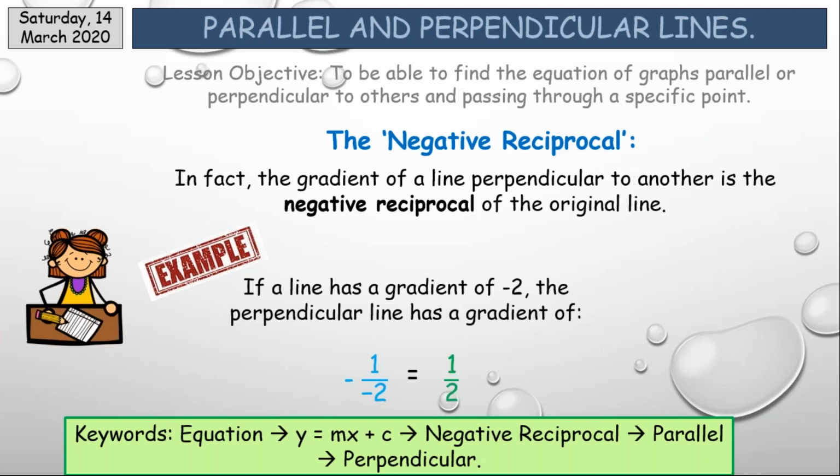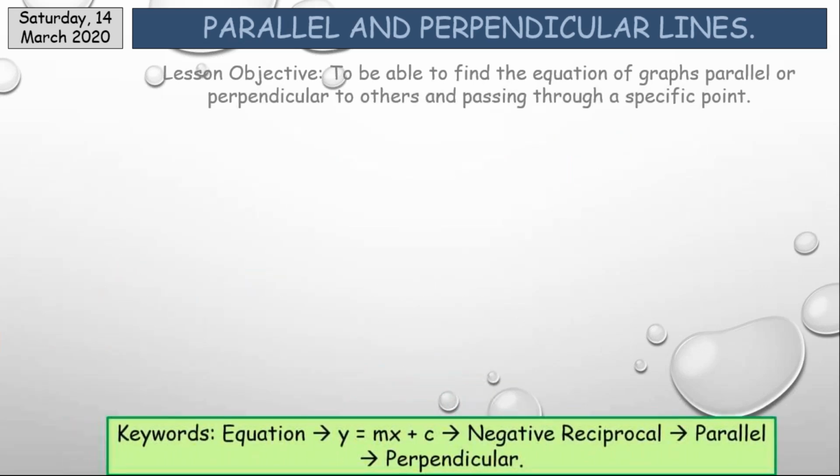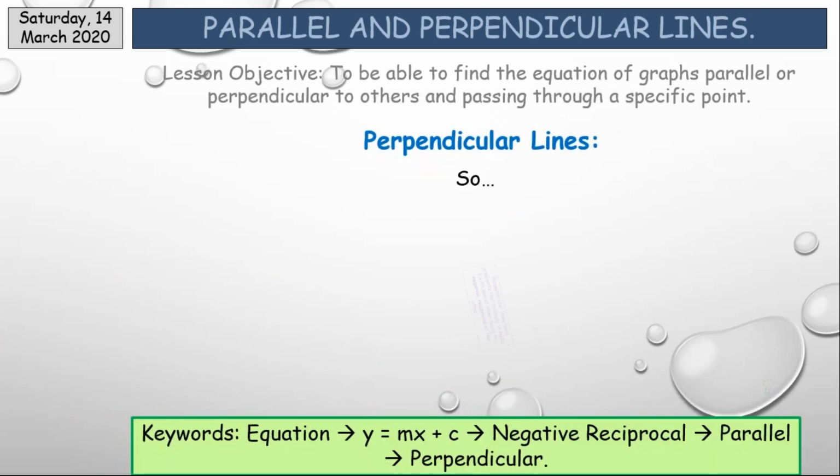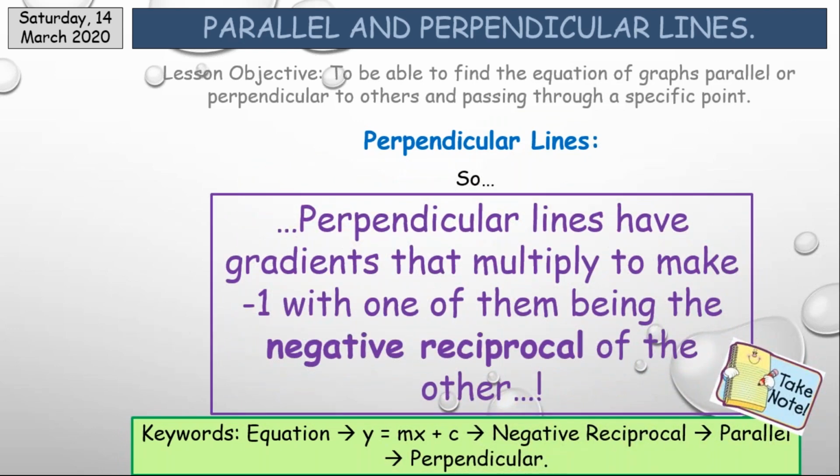So the negative reciprocal of negative 2 will be 1 over 2. Perpendicular lines have gradients that multiply to make negative 1, one of them being the negative reciprocal of the other one.